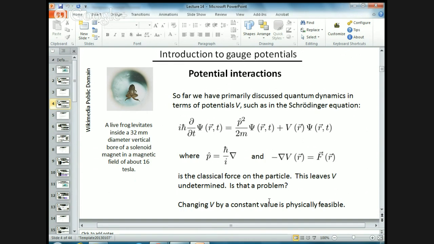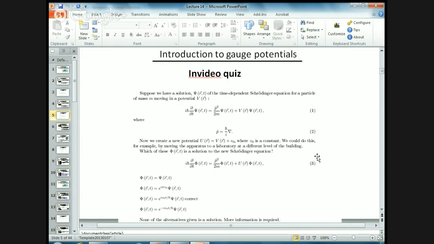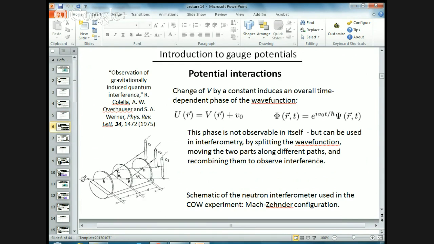Changing the potential by an overall constant value is not just a mathematical gimmick, it's physically feasible. If you move the thing up, you change the constant of potential due to the gravitational attraction. And now this is another in-video quiz which asks the student to identify how the wave function changes in time when the potential is changed by a constant, and you know how that's done.